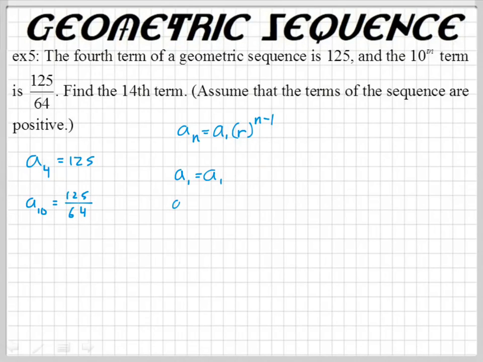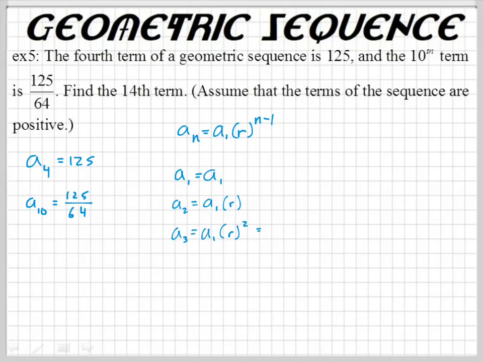If I go to a sub 2, I'm going to have to take a sub 1 and multiply to it how many ratios? 1 ratio. And if I go to a sub 3, that would be written like this: a sub 1 times r raised to the 3 minus 1, which is 2. That's the short way to write it.